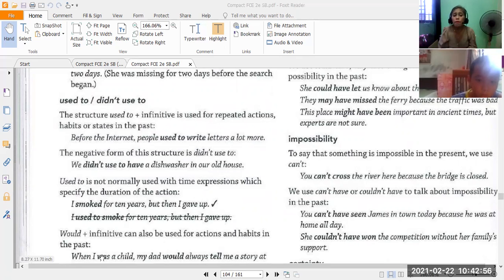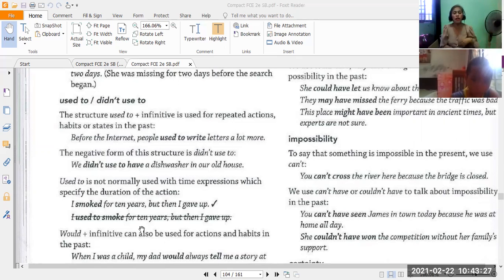Used to is not normally used with time expressions which specify the duration of the action. When there is a word that specifies the time, a time expression like 10 years, 20 years, you will not use used to. Instead of saying I used to smoke for 10 years, you can say I smoked for 10 years, but then I gave up.